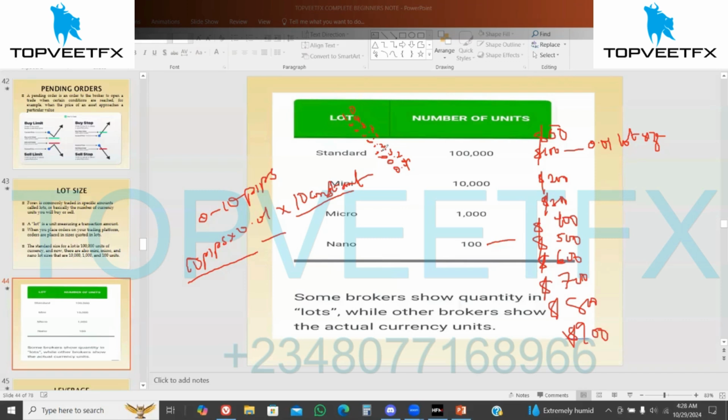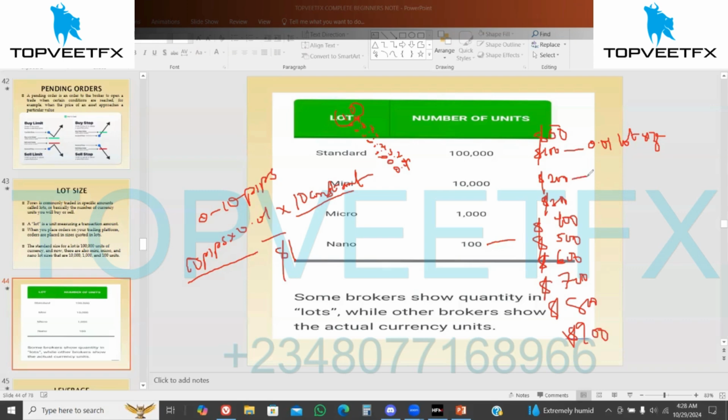So meaning that when it counts from 0.1 to 1, it will now become a pip. So that is where we got this 10. If you multiply these together, all of them will give you $1. So if you are using 0.01 on $100, if the market moves in your direction with 10 pips, you are going to be having $1.